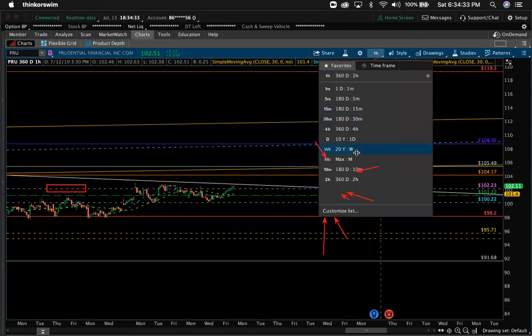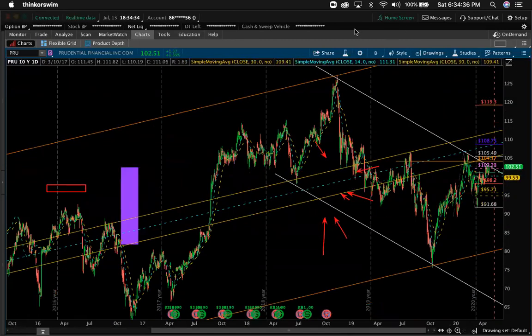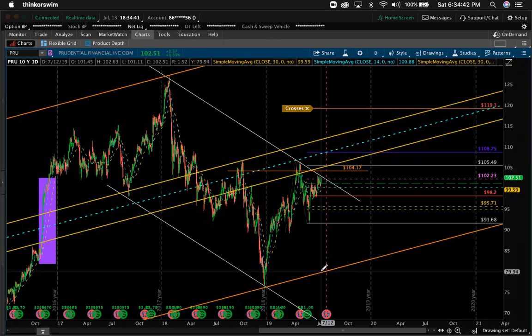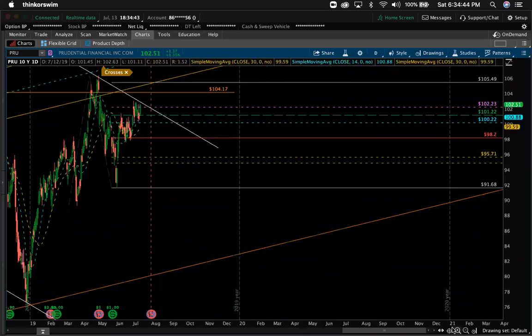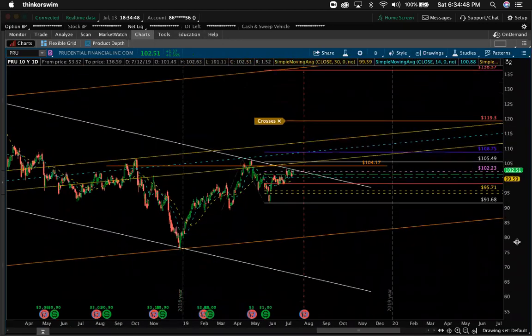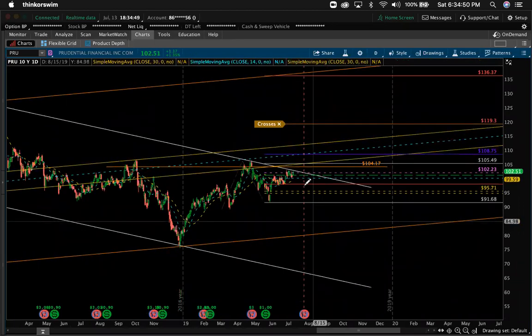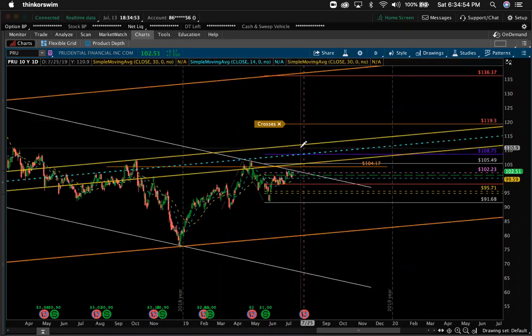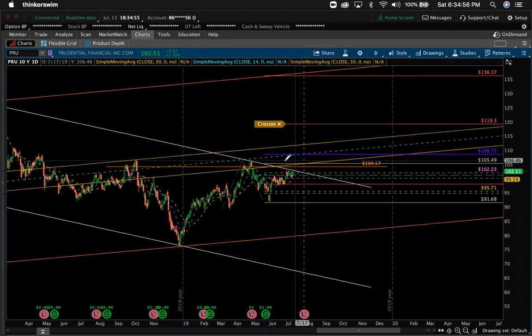So let's put it on the daily now. I'm actually going to remove these lines. Let's clean this up. Okay, my drawings, perfect. So ER is going to be end of month here. Target 119.30. So that means we have to get a trigger.